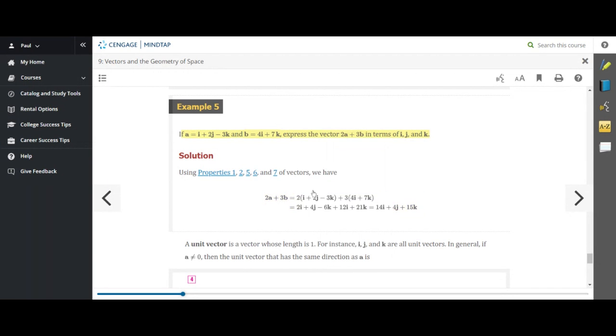So in example 5, they give you two vectors, and they want you to express the vector 2a plus 3b in terms of i, j, and k. Okay, so now, by the way, if you were to write 2a plus 3b, and a and b are vectors, you're going to use vector notation above a and b.